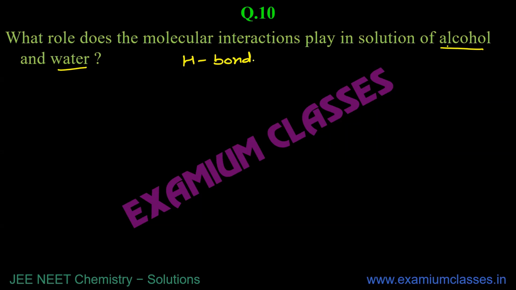Otherwise, if it has appeared once or twice in a 2 marks question, then you will talk about hydrogen bond and you will give an example and a diagram also of how it will happen.